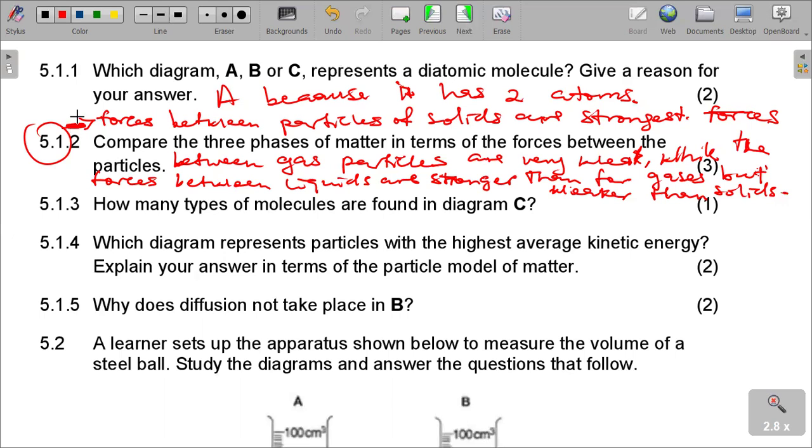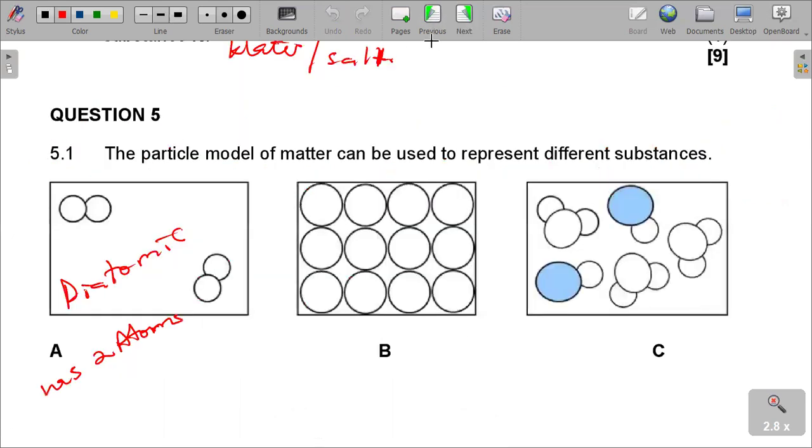And then question 5.1.3, how many types of molecules are found in C?